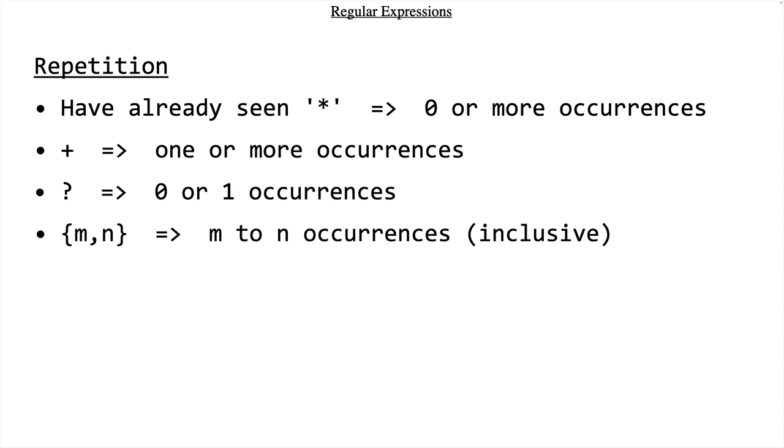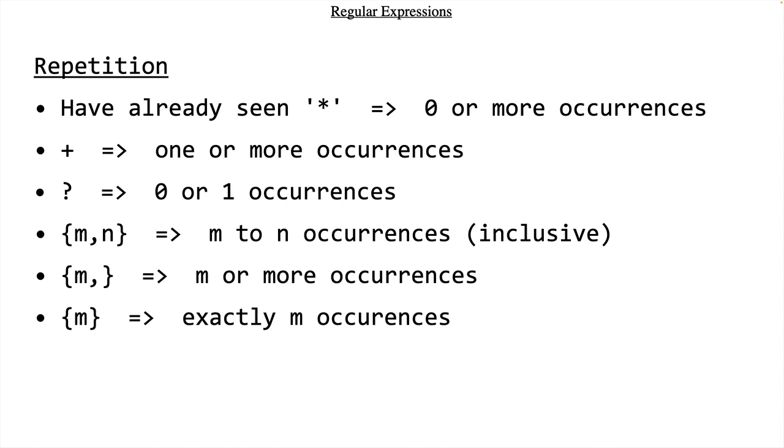So if I put 3, 6, that would mean I need 3, 4, 5, or 6 occurrences of whatever is in front of me. If you do M comma, it means at least M, but possibly more occurrences of the character. And if we put a single number in curly brackets, that is specifying exactly how many occurrences we would have.